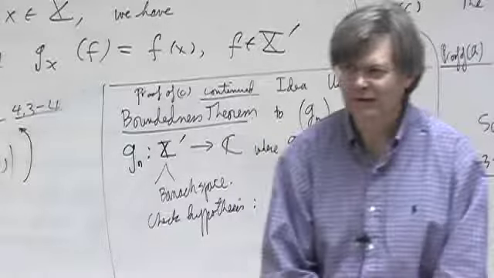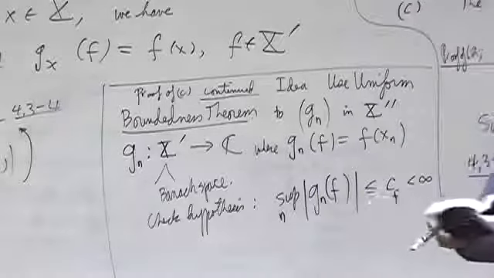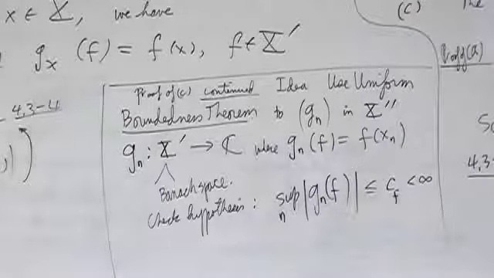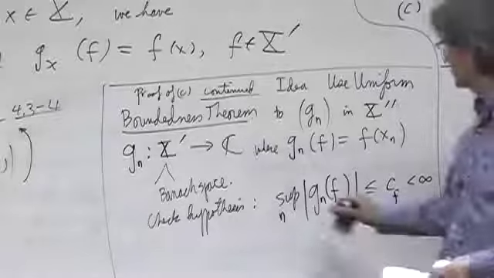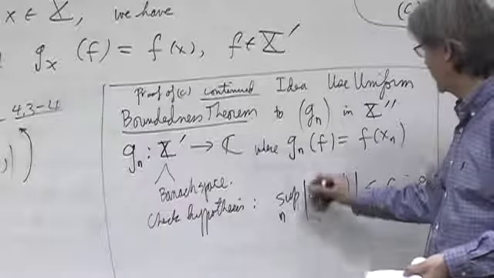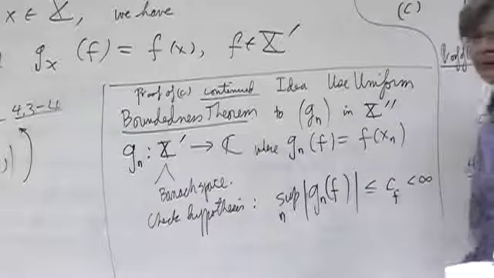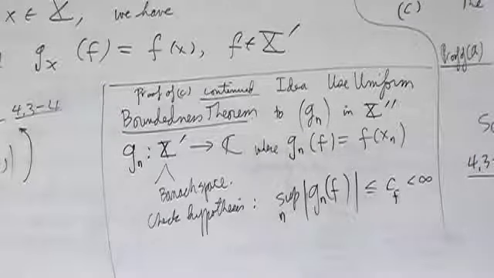That's the assumption. Then, as long as I had a Banach space to begin with, the supremum of the norms of the operators is finite. So for each fixed element of the domain, I need the supremum to be finite. Here that just means the absolute value, since G sub n is a linear functional.